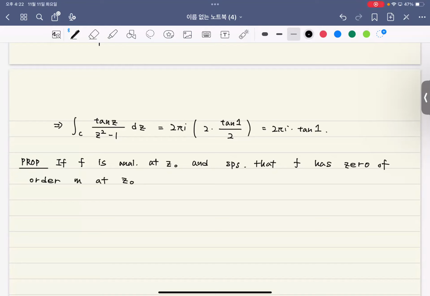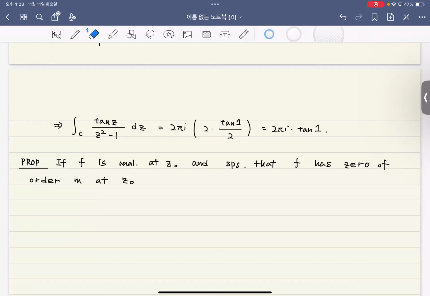Okay, so you know what I mean. If f has a zero of order m at this point, that means if you take the Taylor expansion of your function around the point, then the least positive power should be m, right?